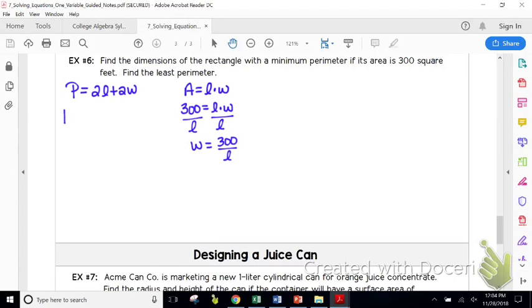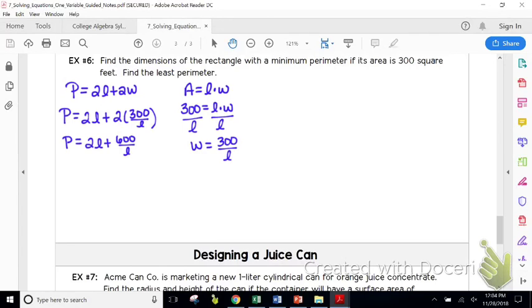So then let's plug that in. And I just multiplied that 2 times 300 over L. It wouldn't be like 2L?